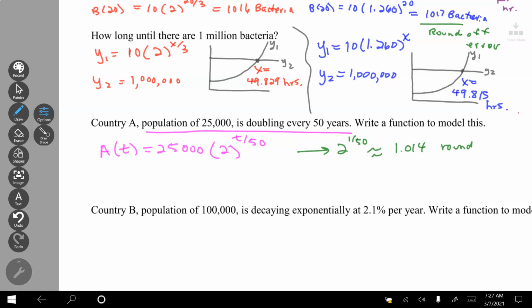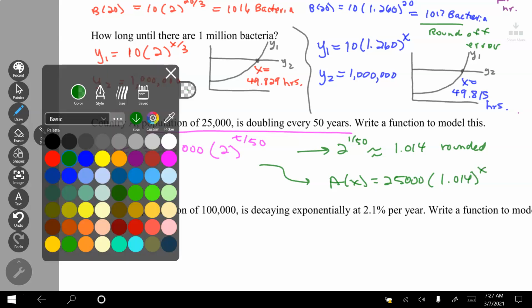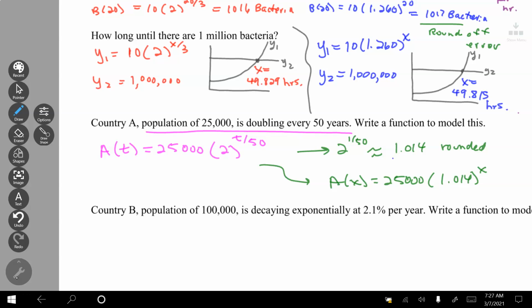That is a rounded off number, but I could rewrite this as a of x is equal to 25,000 times 1.014 to the x, and since it's bigger than 1, if you subtract 1 from this, I get 0.014. That means it does grow by 1.4% per year. Doubling every 50 years is growing by 1.4% per year.